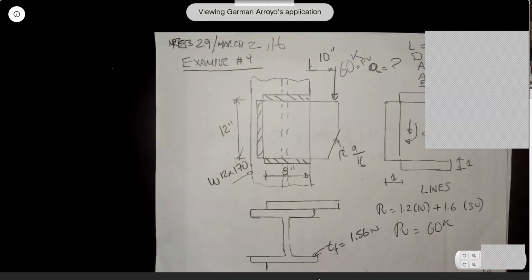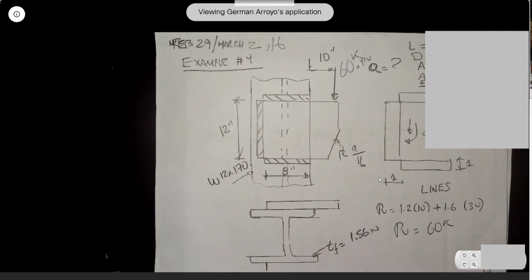There's a column with a bracket or a plate welded to one of the flanges. And this is 8 inches of weld, and here we had 12 inches of weld, and here we had 8 inches of weld. So this is a typical C shape of the group of weld.